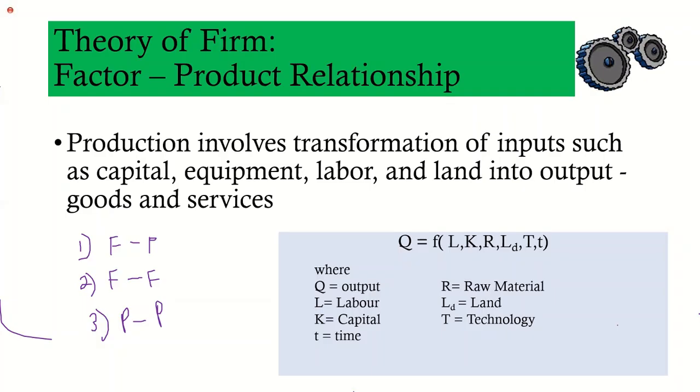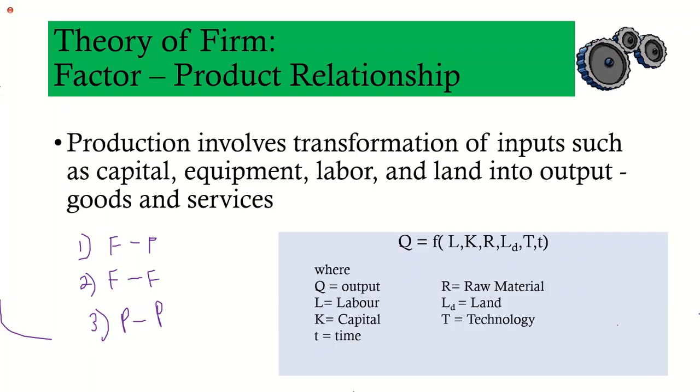So why is this important? Especially if we are working in the food and agriculture sector and we deal with production of goods or services, be it agriculture or any other sector, if you look at production, the outputs depend on the inputs, isn't it?